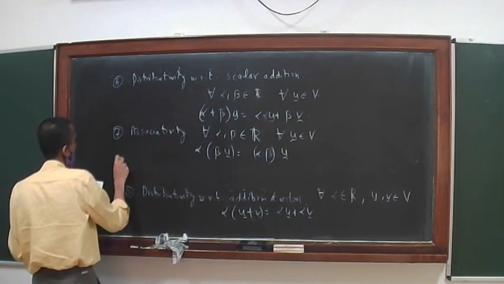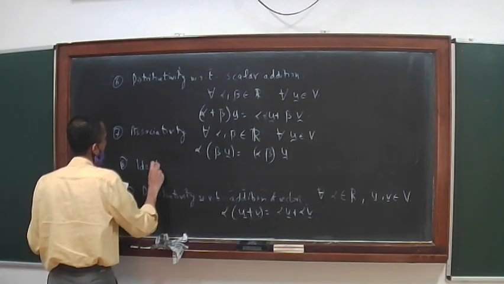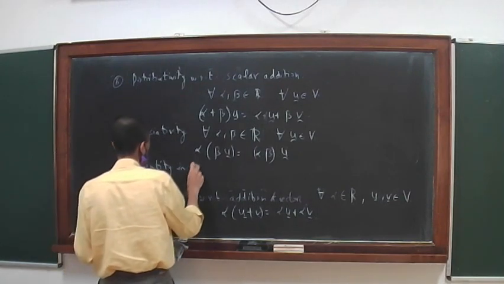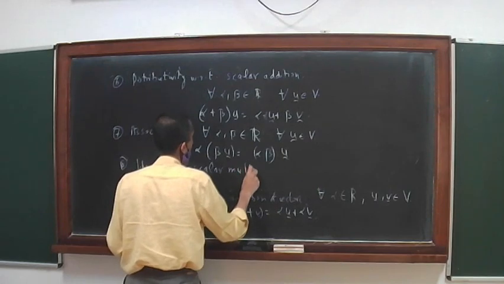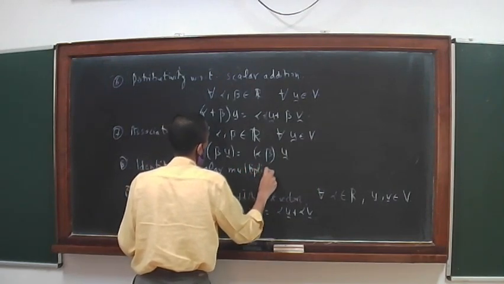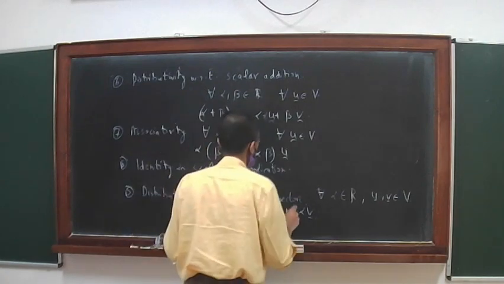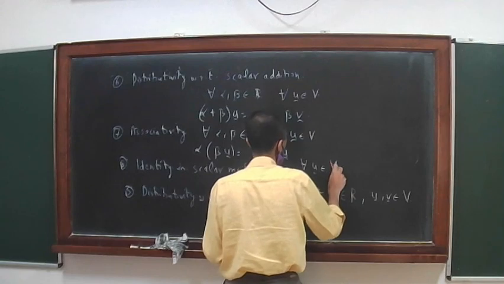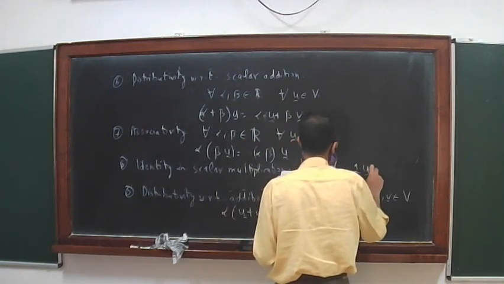And then the eighth property is identity in scalar multiplication. For all u belonging to V, 1 times u is equal to u.